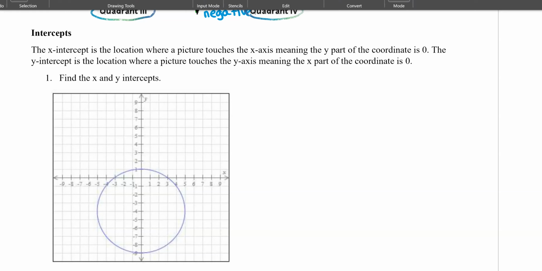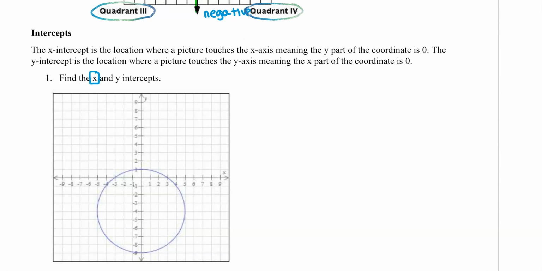For example, in this first one, if we want to find the x-intercepts, that's where our graph touches the x-axis. So this is our x-axis here. It's the left and right. And you can see our blue picture touches at these two locations. So let's do the point on the left first.